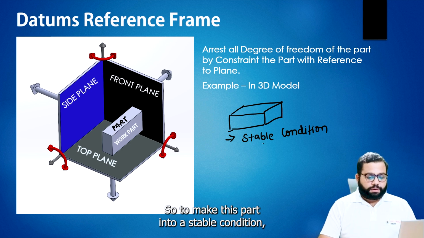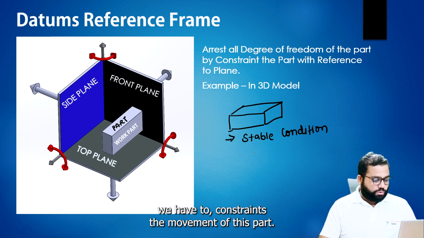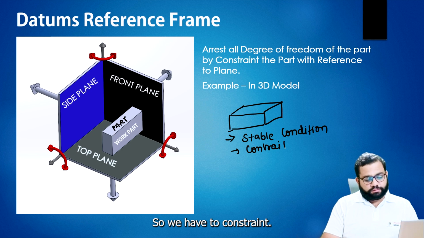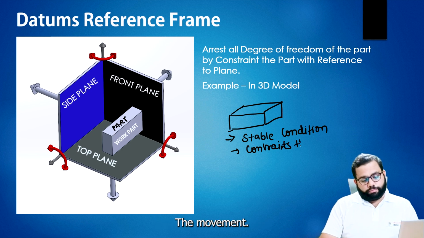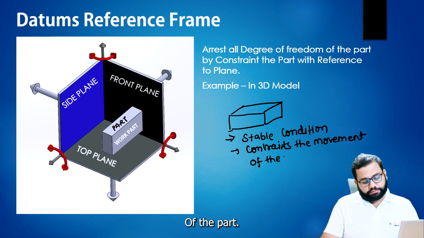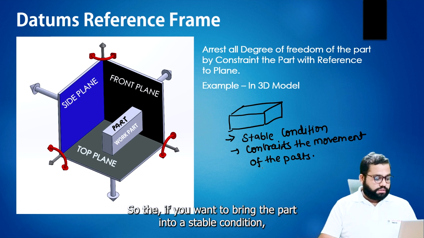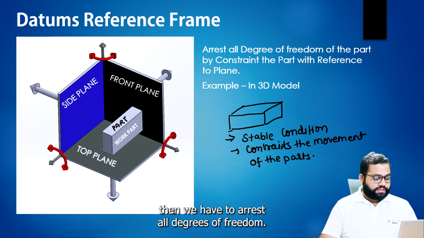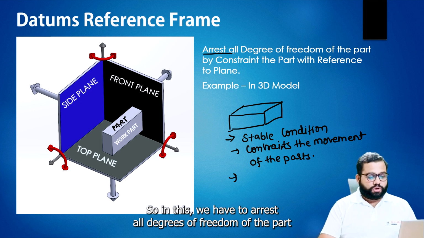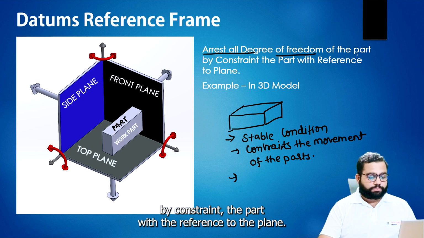To make this part stable, we have to constrain the movement of the part. If you want to bring the part into a stable condition, then we have to arrest all degrees of freedom by constraining the part with reference to the plane.